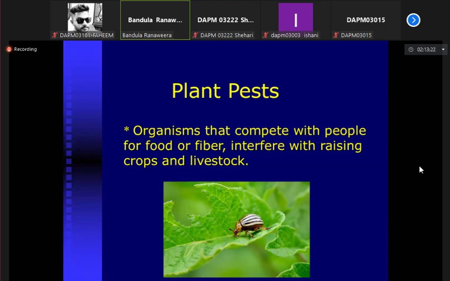So the organisms that are competing with people for food or fiber, or that interfere with raising crops and livestock. So the weed plants, or plants other than the crop plant, as you mentioned, are competing with the crop for nutrients, maybe some other material like sunlight.